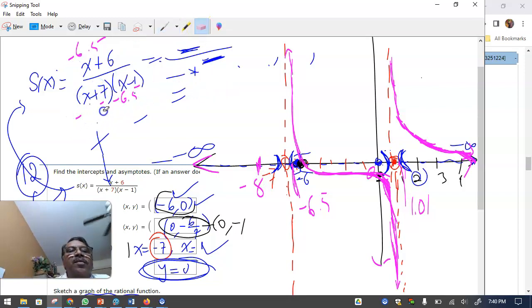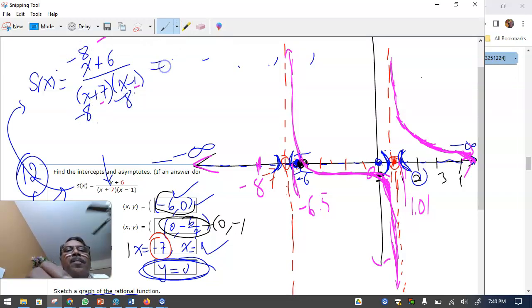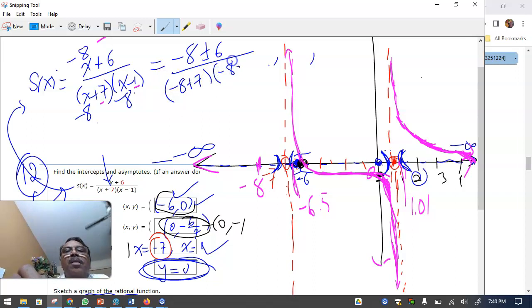So if I want to check for -8, replace x by -8. If I plug in -8, -8, and -8, you end up getting -8 plus 6, -8 plus 7, and -8 minus 1. So that way this will be negative. This will be again negative.